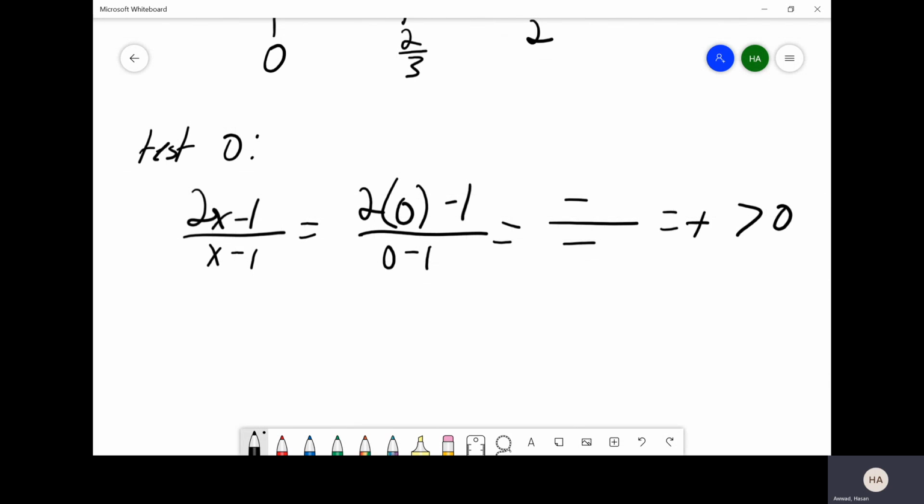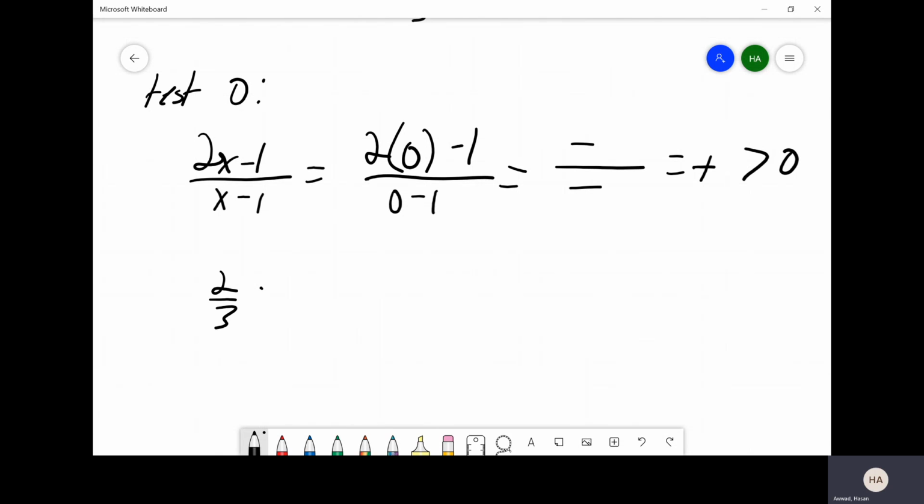Okay, we do the same thing for 2/3. So plugging in 2/3, we're going to have 2 times 2/3 minus 1 over 2/3 minus 1. Well, 2 times 2/3 is 4/3, and 1 is really 3/3, right? So you have 4/3 minus 3/3.